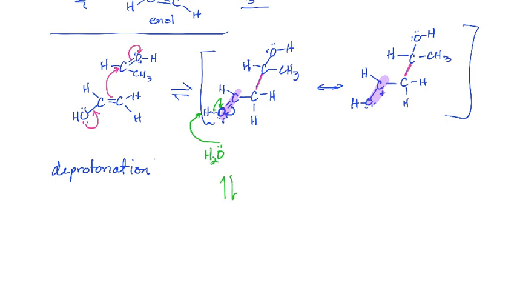And that will give us the product, C double bond O, H, CH on that carbon, OH, and a CH3.